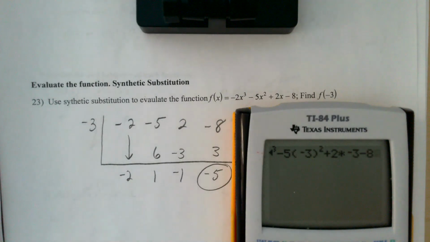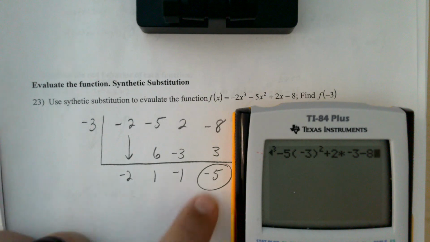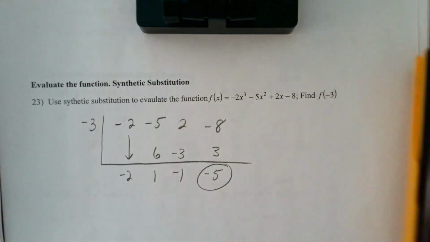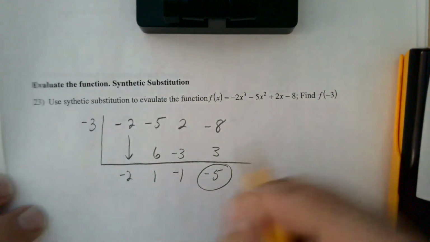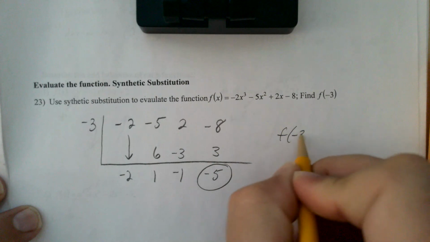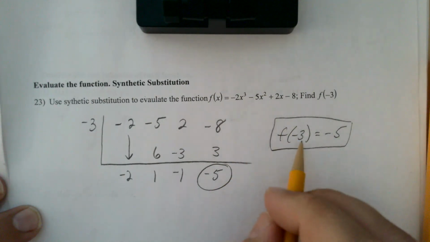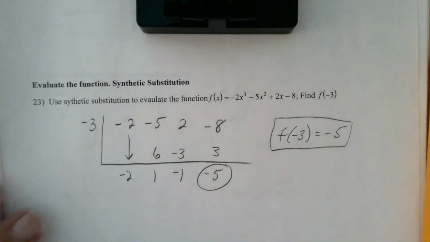And if we did this correctly, when I hit enter, it should be negative 5, just like I have here as my remainder. Hey, I feel good. We know we did this problem correctly because my outcome, f of negative 3 equals negative 5. Okay, that's just function notation. It's an ordered pair, input, output.